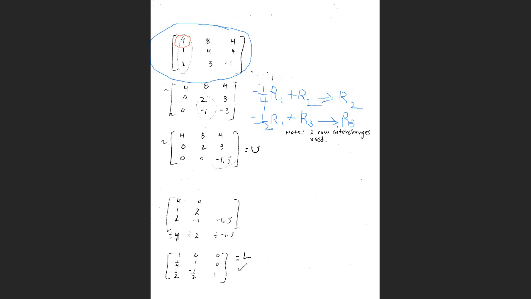Okay. And I have a little note here that 2 row interchanges were used. We're not doing them now. Now we're done with the row interchanges, but we just remember that 2 row interchanges were used to get to that matrix.